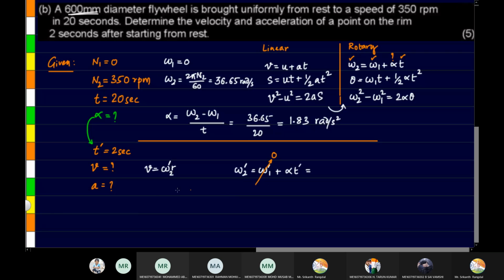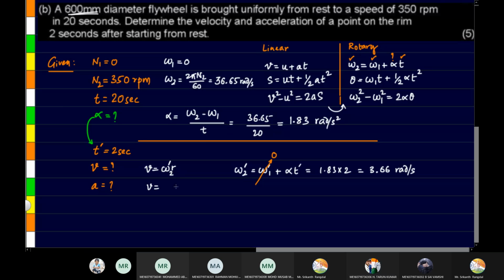Then the alpha value we take from previous, that is 1.83, times the time, 2. So what does it give us? 3.66. Correct? Is it correct? Confirm. Yes, sir, correct.